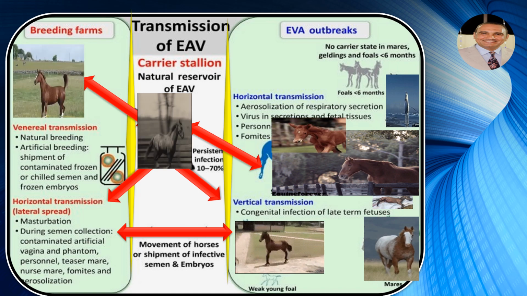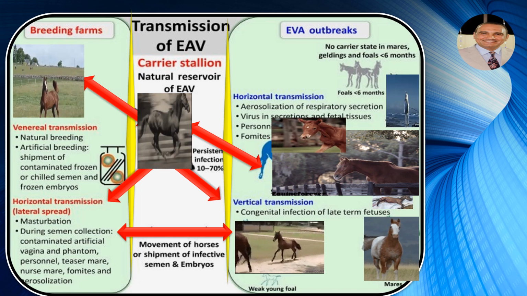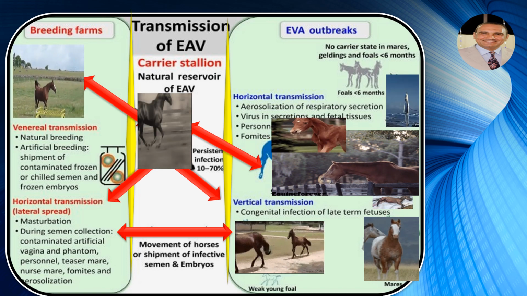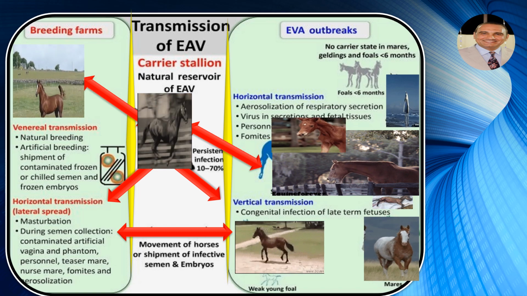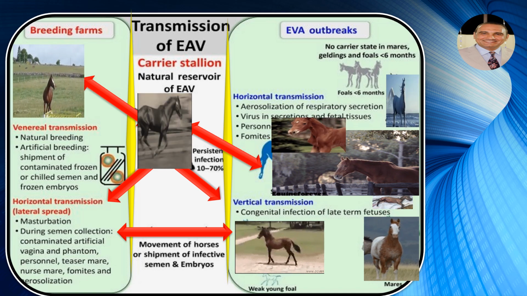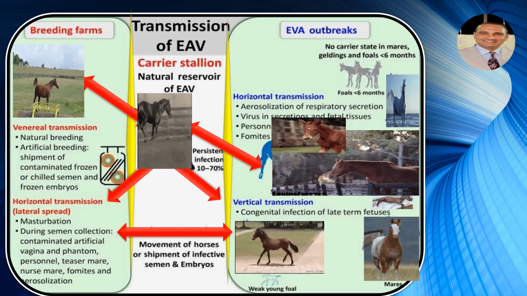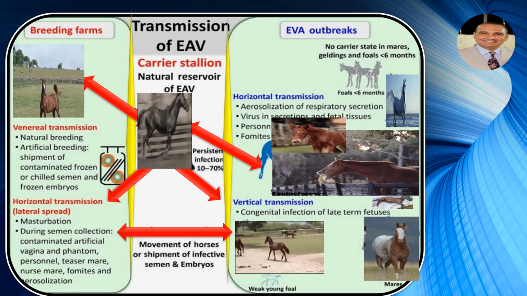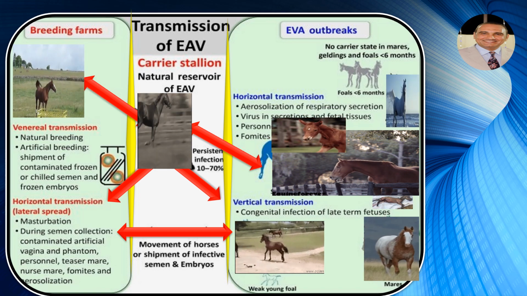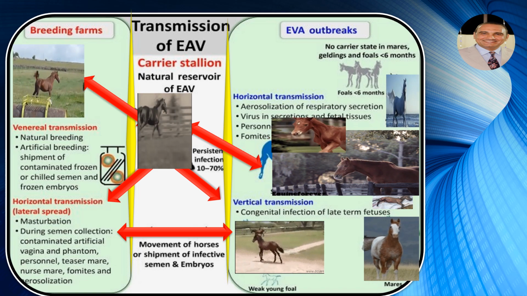In breeding farms, venereal transmission through the carrier stallion as natural reservoir of equine viral arteritis occurs in 10 to 70%, through natural breeding, artificial breeding such as shipment of contaminated frozen or chilled semen and frozen embryos, or horizontal transmission, lateral spreading through movement of horses or shipment of infective semen and embryos, through masturbation of the horses in the farm, or during semen collection through contaminated artificial vagina and phantom, personnel, teaser mare, nurse mare vomits, and respiratory air droplets.